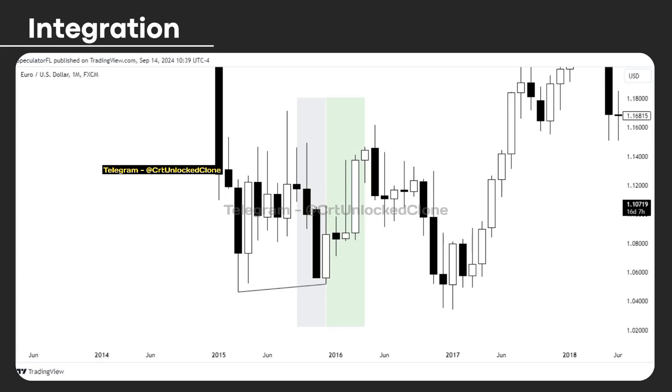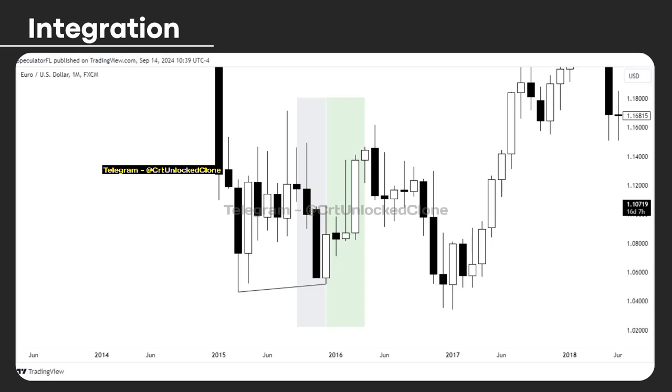Now obviously using this idea alone wouldn't be enough, right? So we're going to combine the other concepts as well to see if they support it or not, and if they do, we're going to use that to generate this new trading idea and a new directional bias for the next 3 to 4 months. What you can see right here is at the end of this quarter, we had this SMT divergence with DXY, which means we had non-symmetry.